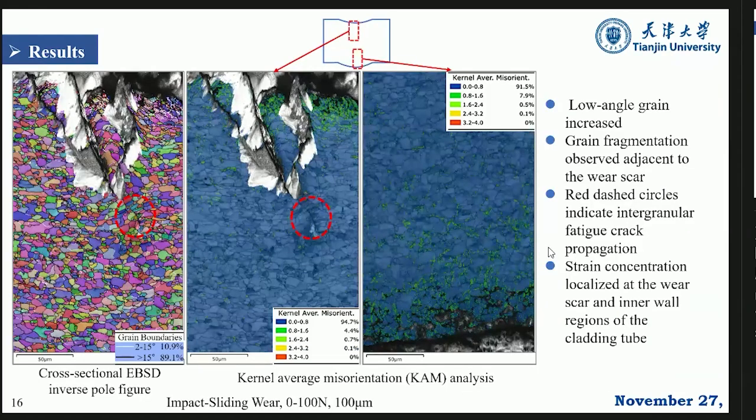Then we use EBSD to check the grains. Compared with the original material, the low angle grain boundaries increased, and grain fragmentation is observed around the scar. The red dashed circle indicates the intergranular fatigue cracks, and the green area shows the strain concentration.